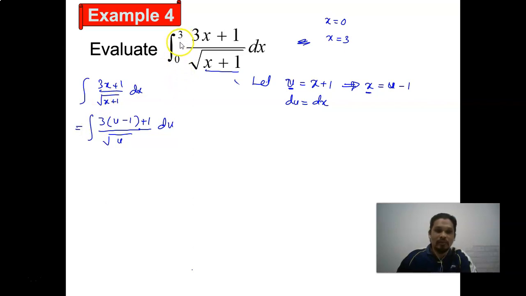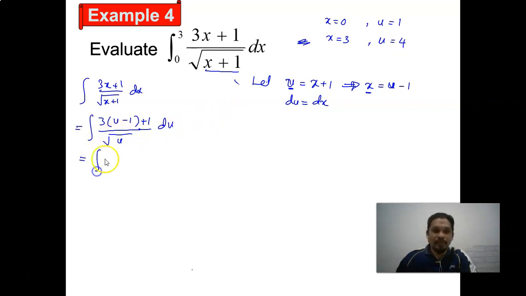turns into the new value of u, where we recall the equation u equals x plus 1. So when x equals 0, 0 plus 1, then u equals 1. And when x equals 3, 3 plus 1 equals 4.